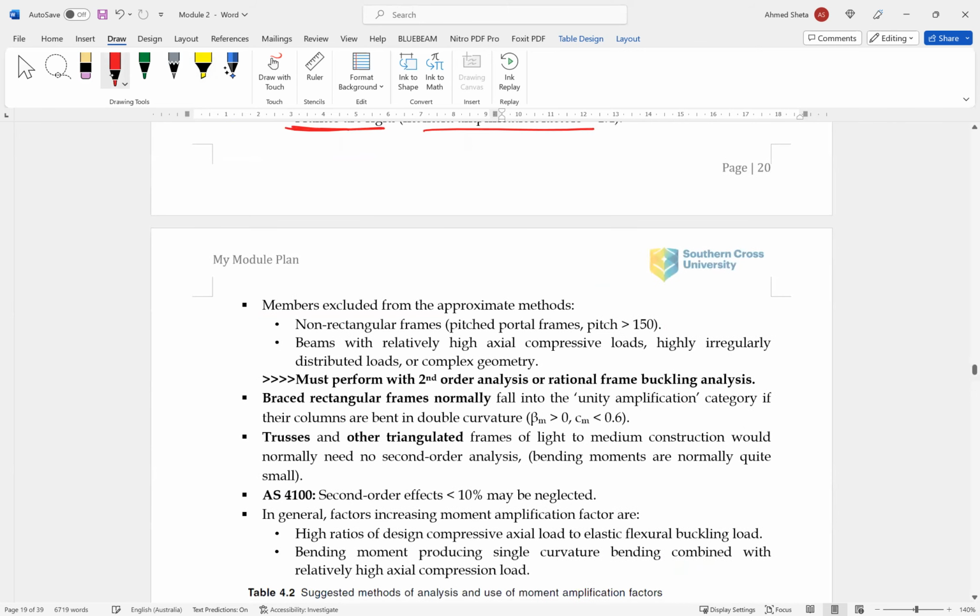Members excluded from the approximate methods: non-rectangular frames, pitched portal frame, pitch more than 15°, beams with relatively high axial compressive loads, highly irregularly distributed loads, or complex geometry. So for all these cases, we must perform a second order analysis or rational frame buckling analysis. So if the moment amplification factor is not working, we need to perform second order analysis.